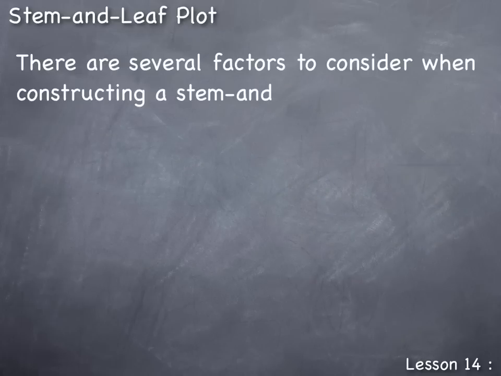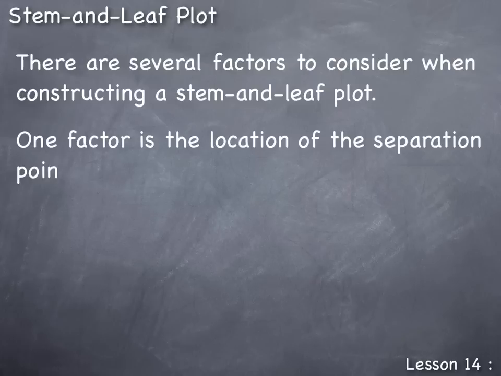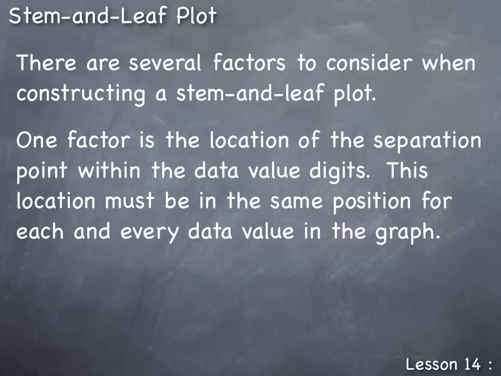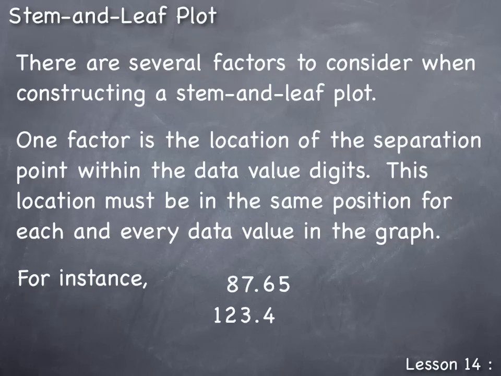There are several factors to consider when constructing a stem and leaf plot. One factor is the location of the separation point within the data value digits. This location must be in the same position for each and every data value in the graph. For instance, if we had data values of 87.65 and 123.4, there are several choices to place the location of the separation point.